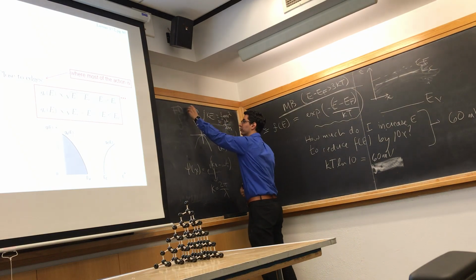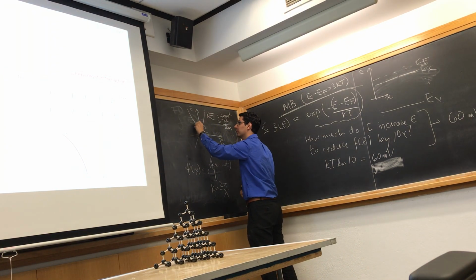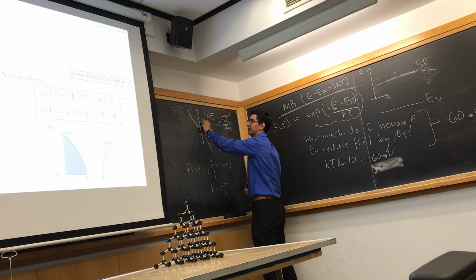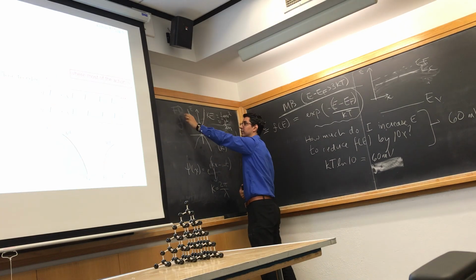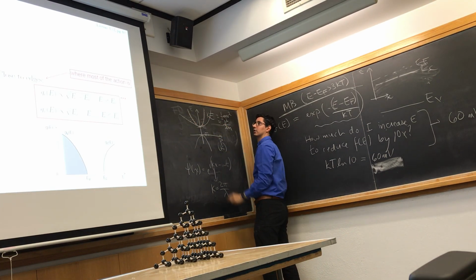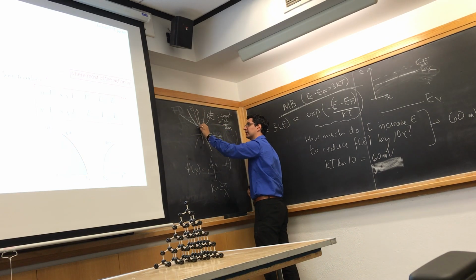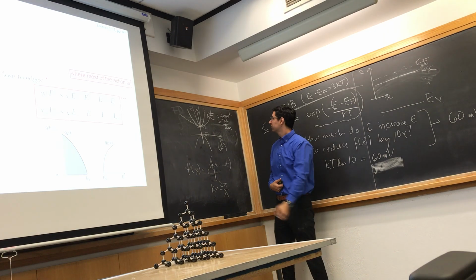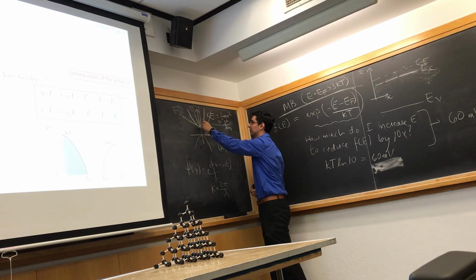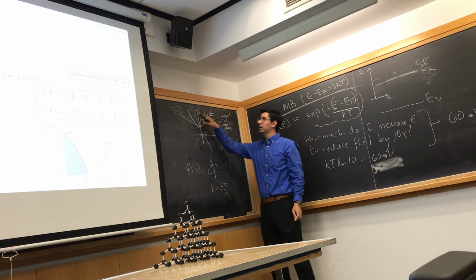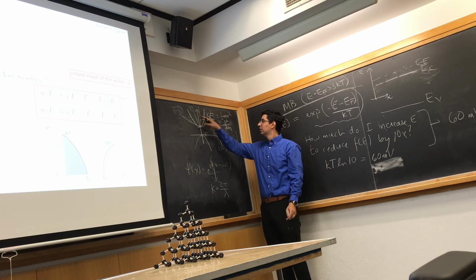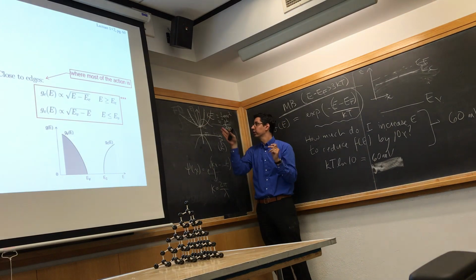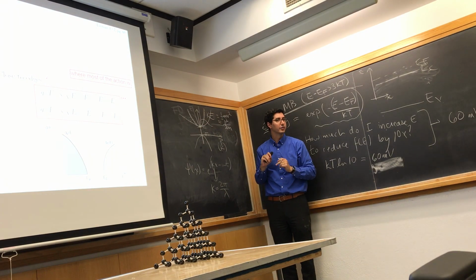But I get this curve, and it happens to be parabolic. But the curvature can be like this. For different semiconductors, it might be like this. For another semiconductor, it might be like this. This semiconductor, with a smaller curvature, does it have a larger or smaller effective mass? Small.